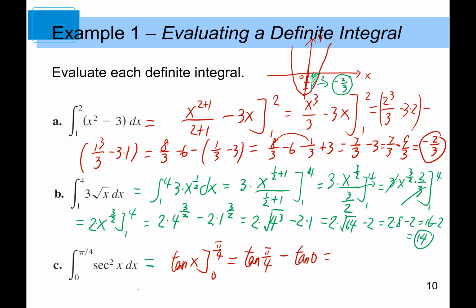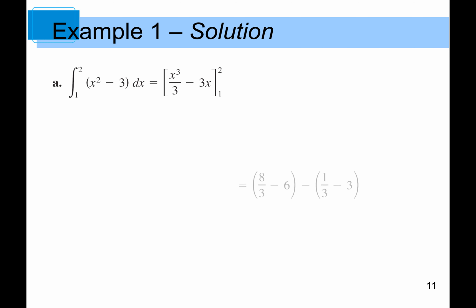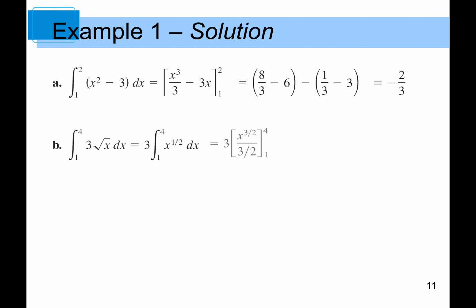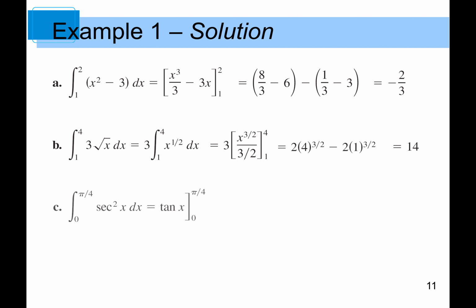Tangent pi over 4, tangent 45 degrees, is equal to 1. Tangent 0 becomes 0. 1 minus 0 gives you 1. So the area under the curve for secant x squared for x from 0 to pi over 4 is equal to 1. And we'll go over the detailed solutions.